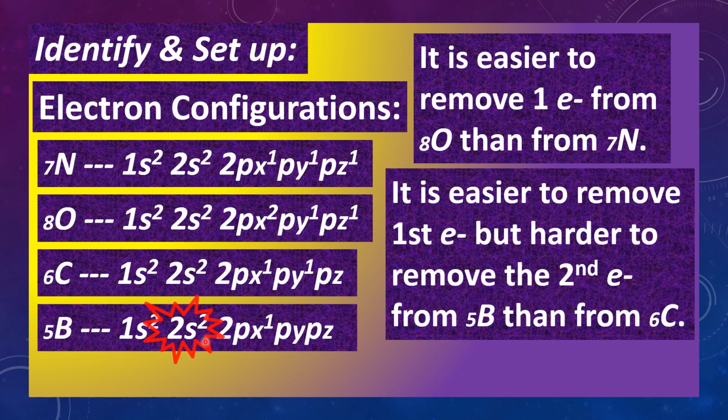So it's not that easy to remove even one electron from the 2s orbital for boron. That's the reason why the second ionization energy of boron is higher compared to that of carbon.